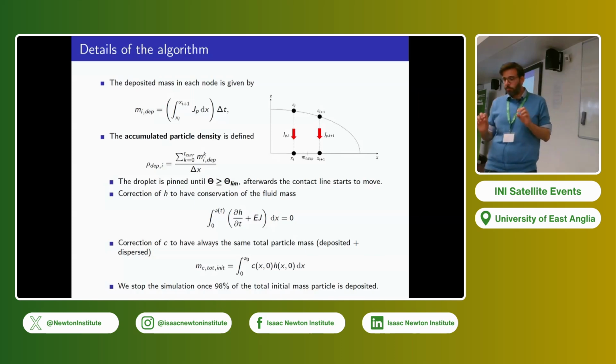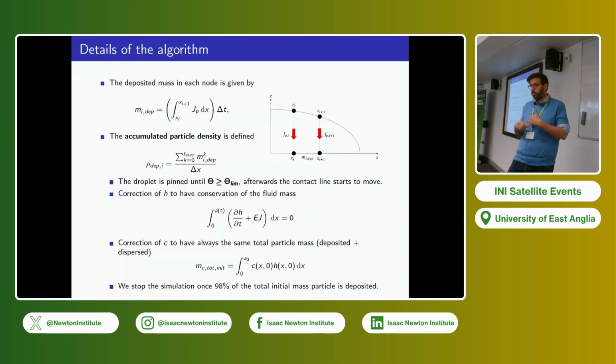Another important parameter is theta lim, the limiting contact angle, since we say that below this contact angle the droplet starts to recede. This we chose based on what was shown by Wu and Larson in the experiments, between 2 and 4 degrees. But anyway, we talk about that later.